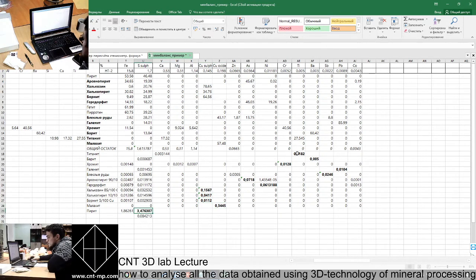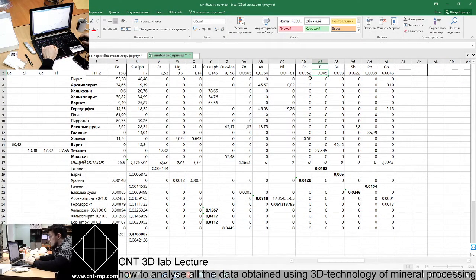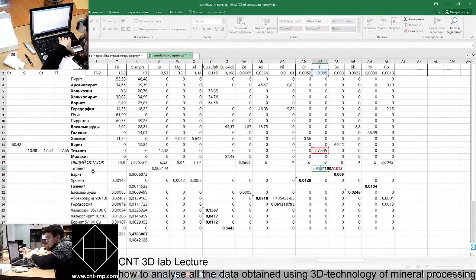So as we know that the source sample has only 0.005% of titanium, and we see only one titanium mineral, titanite, or sphene in old publications and literature, we can count all the titanium to titanite using this simple proportion scheme.